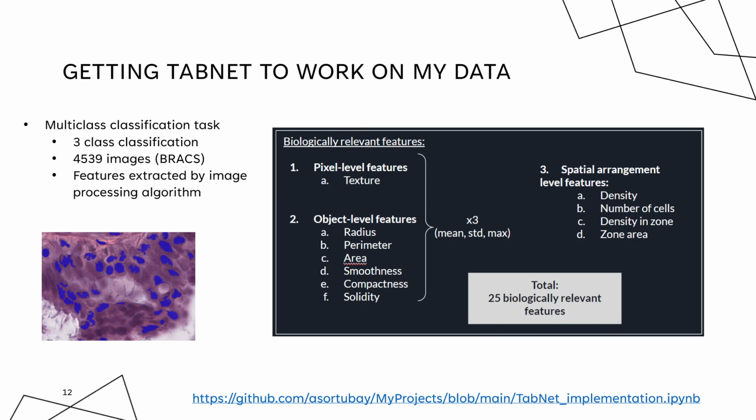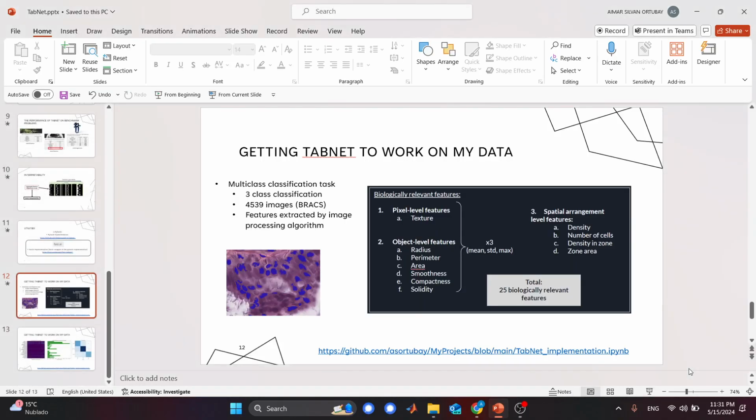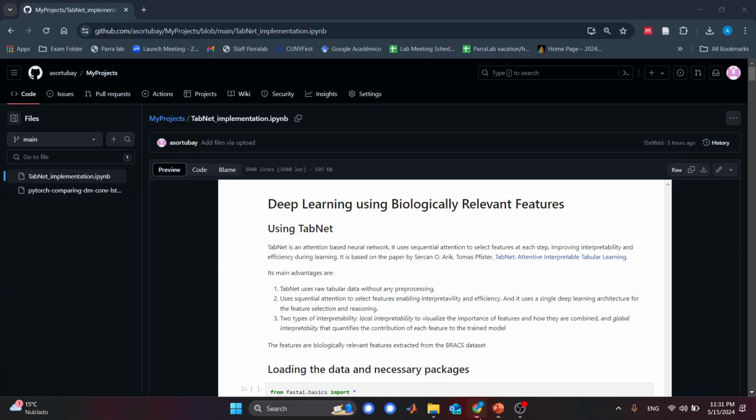So we have tabular data that's 4,500 by 25 features. The train test split has been done by the dataset; it's already decided in the dataset release. I'll show you the GitHub code, the Jupyter notebook on my repository.